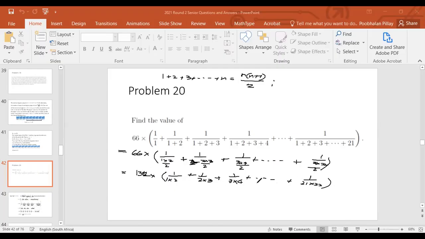Now you've got things like 1 over n into n plus 1, where n runs from 1, 2, 3, all the way up to 21. There's a very important identity involving this, and it has appeared in previous Olympiad problems.